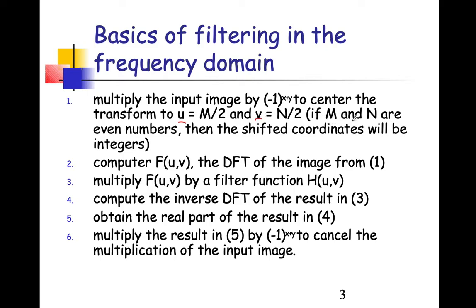Suppose m and n are even numbers, then the shifted coordinates will be integers; we have to keep that in mind. In the second step, compute f of u comma v by applying the DFT, the discrete Fourier transformation, to the image. Then multiply f of u comma v by a filter function h of u comma v.